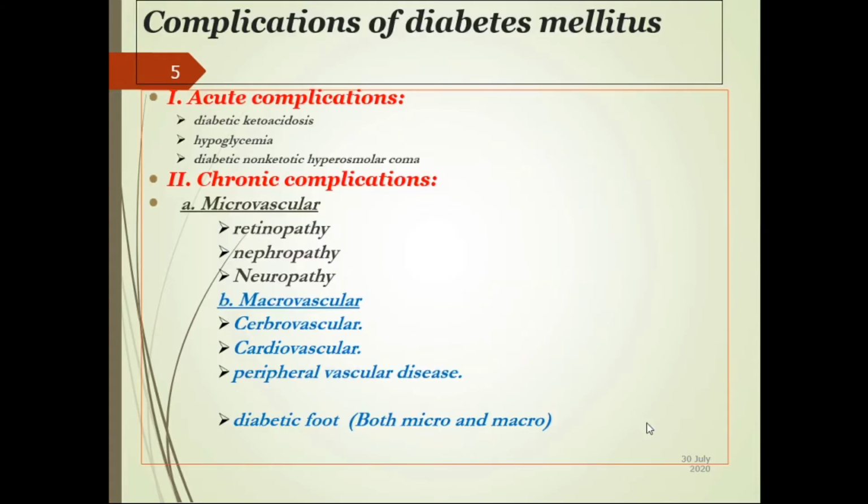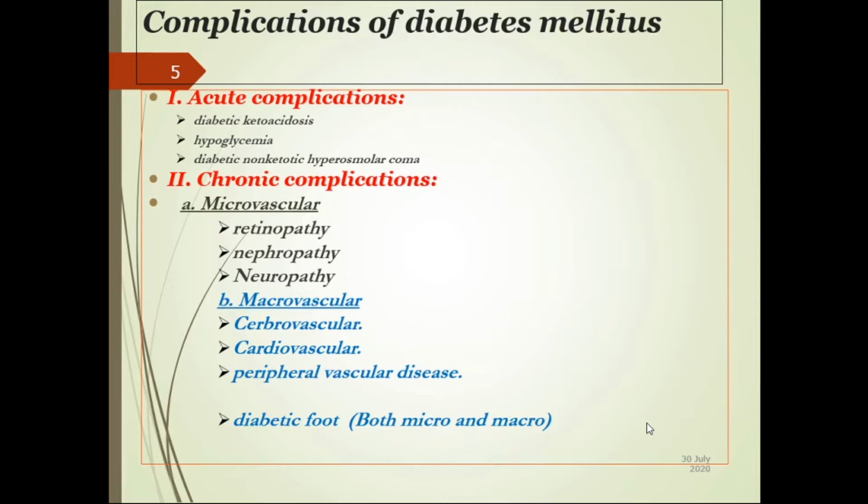As we have always talked about, complications of diabetes are in two groups: acute complications and chronic complications. Acute complications are those that take place within 1 to 2 weeks, and they are very fast. They are emergencies and should be treated as such. Chronic complications take a longer time to develop.